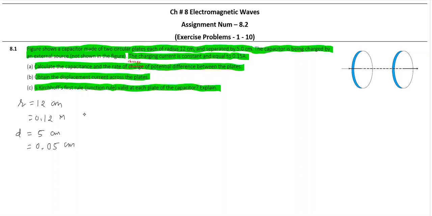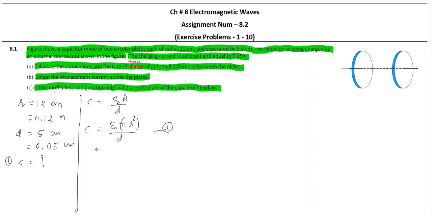Now we know that for any capacitor, C is epsilon 0 A by d. So I can say that C is epsilon 0 pi R squared by d. So the first quantity, C, is available with this.